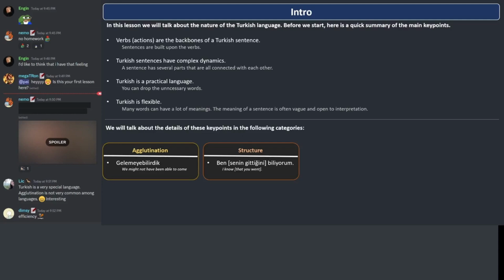This is also a side effect of the culture, of the lifestyle. In Turkish, I don't know what to call this in English, but the matter of fact keeps an important position in the sentence.